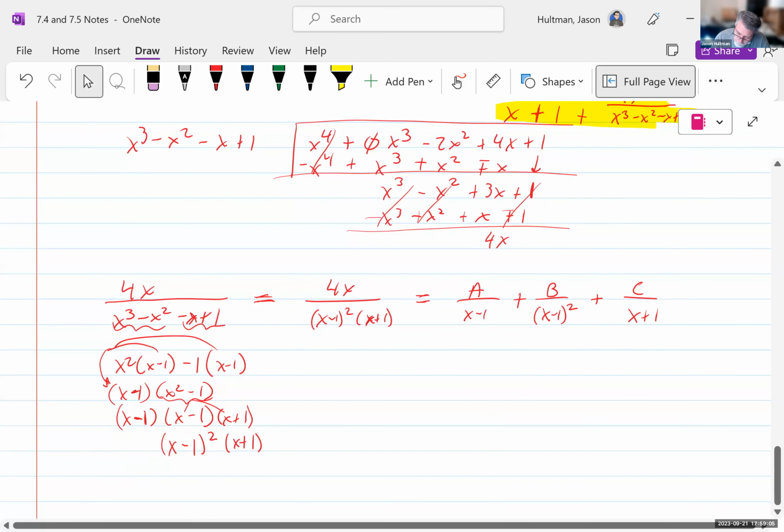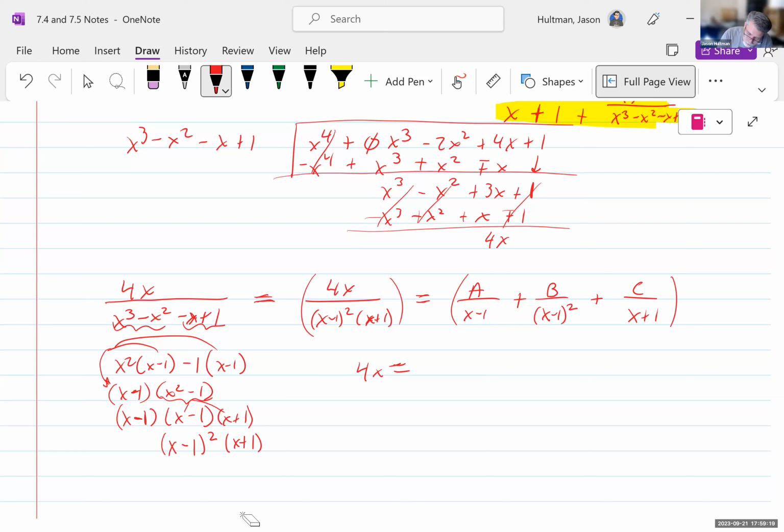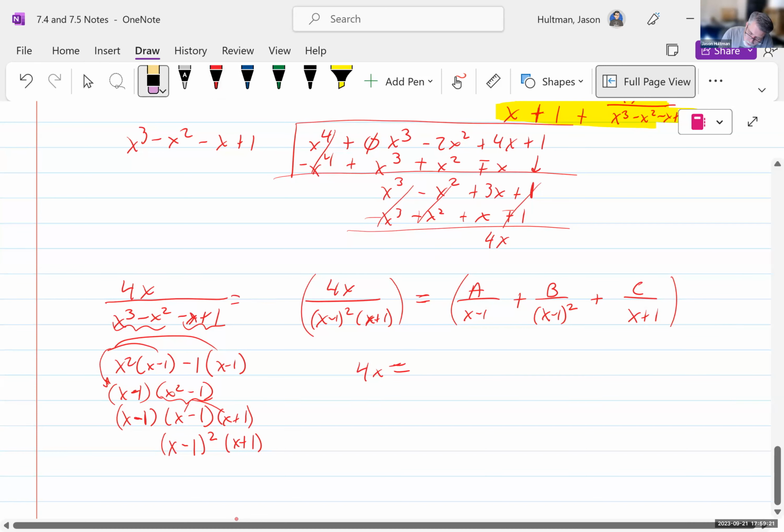Okay, so now I can clear my fractions here. I'm going to go 4x is equal to, I can multiply both sides. Maybe I should not skip steps. Okay, x minus 1 squared times x plus 1. I'm going to clear my fractions, although when I distribute this to the a, only one of the x minus 1s cancels.